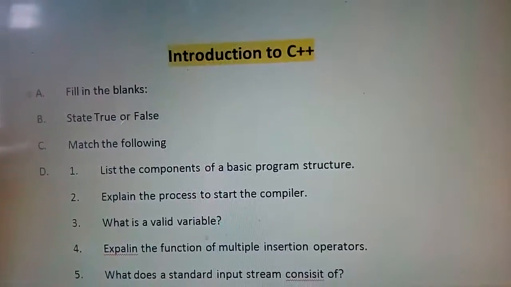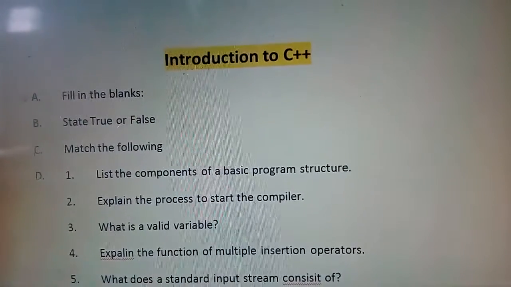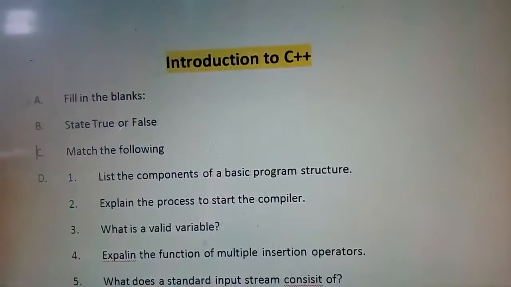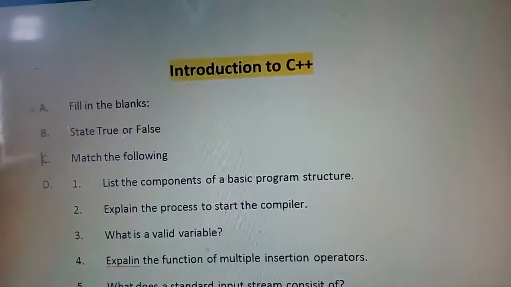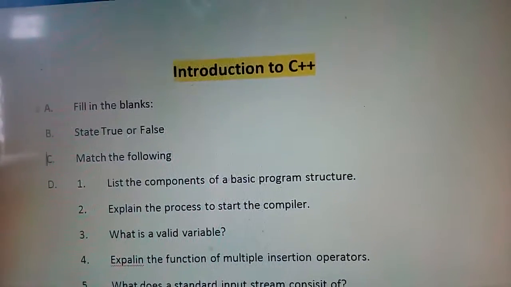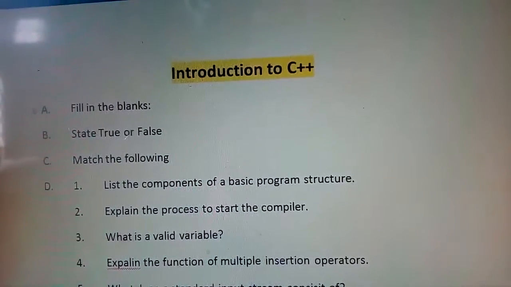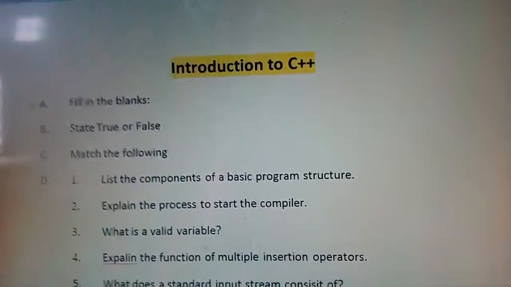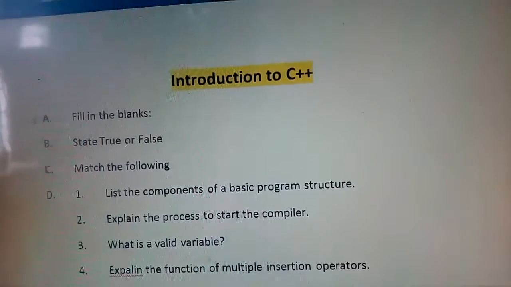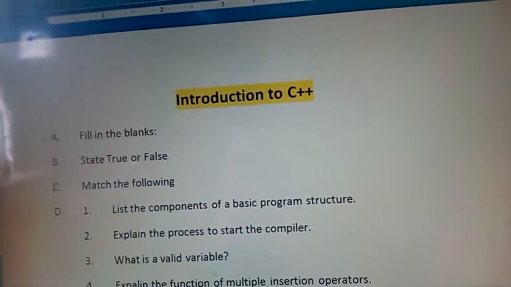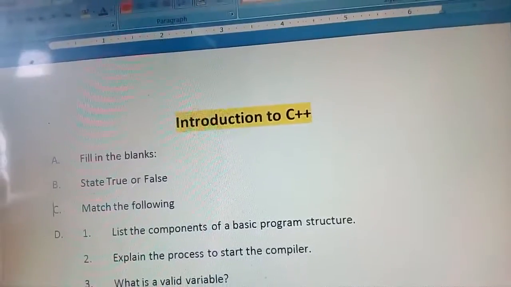Number 2, the documentation section of a C++ program code contains comments. Number 3, a valid dash is also known as a named storage. It will be variable. A valid variable is also known as a named storage, which a program can use to manipulate.